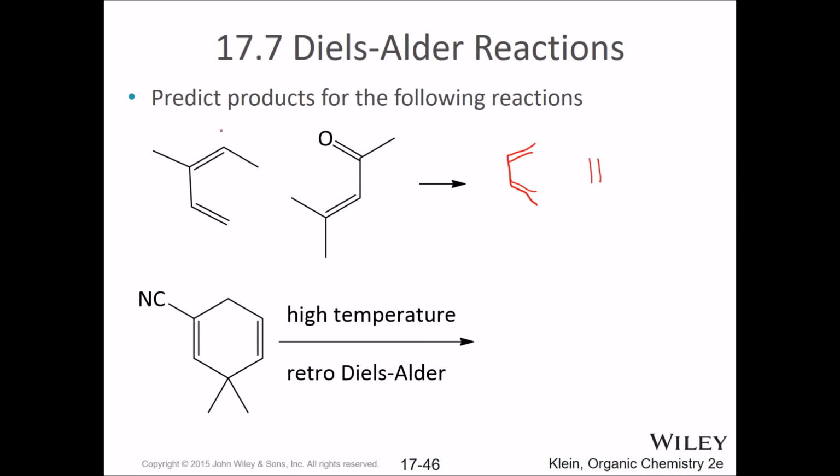I'm going to call this atom 1, 2, 3, and 4. Sorry, that's messy. I'm going to call this atom 5 and 6. Now bonded onto atom 5, it looks like we've got a ketone.